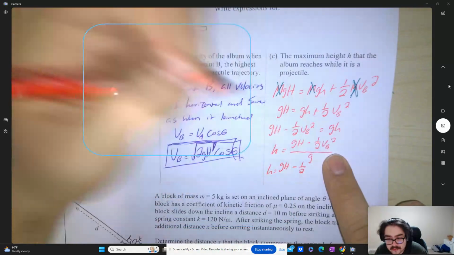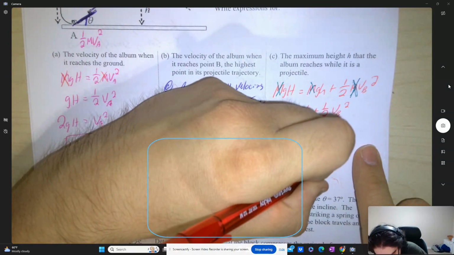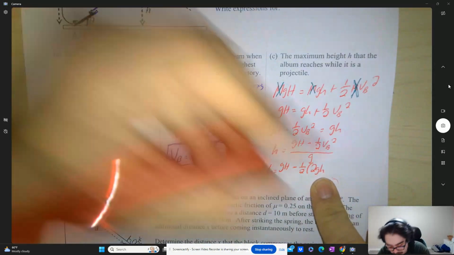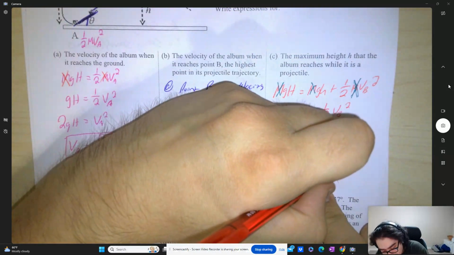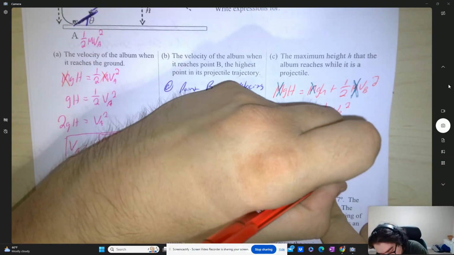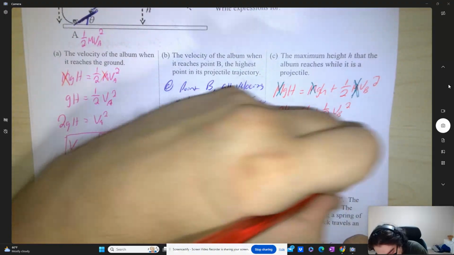Now I've got to square this, so this is going to end up being 2gH, which is now all out of that radical, times cosine squared of theta. Then I divide the whole thing by g.